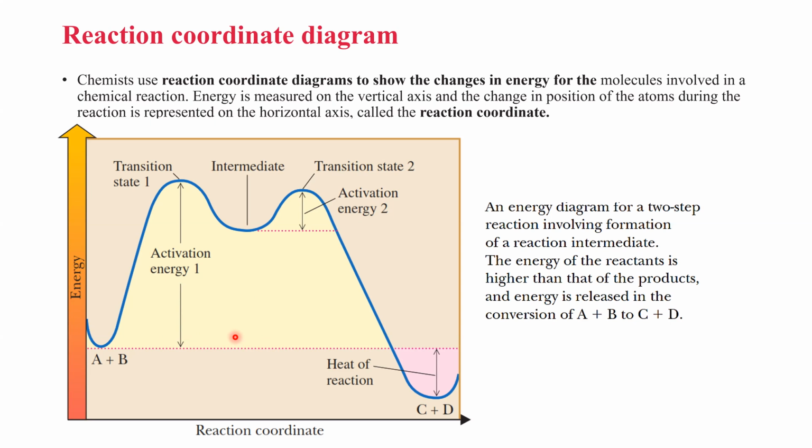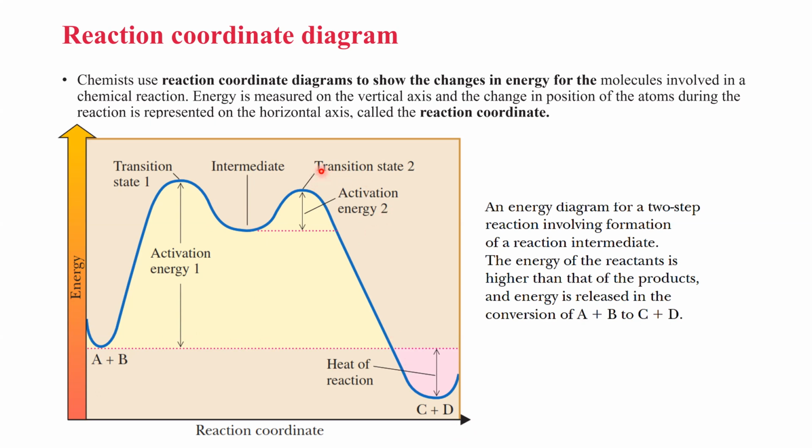If we have a two-step reaction, it means there are two transition states. The reactant goes through the first transition, then there is an intermediate, which is a stable form. It stays for some time. This is a stable form, and now it is easily available for conversion into the product.